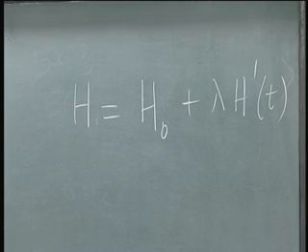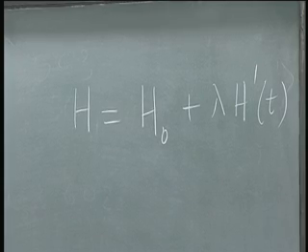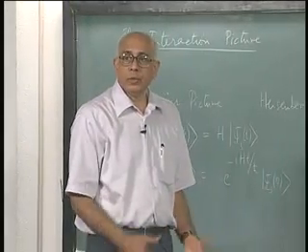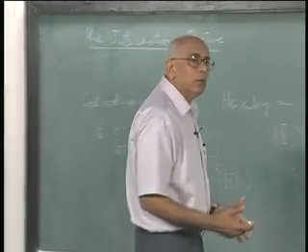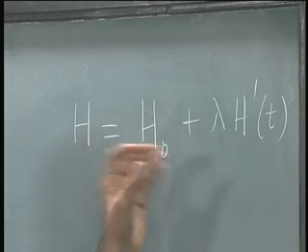And then the question is, what do you do? What kind of unitary transformation do you do? This is the problem that you would like to address. Of course there are lots of cases where H prime is time independent and you would like to know the perturbation series, etc., but we would like to address the general problem of this kind.